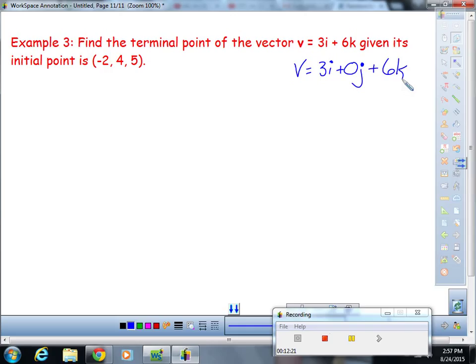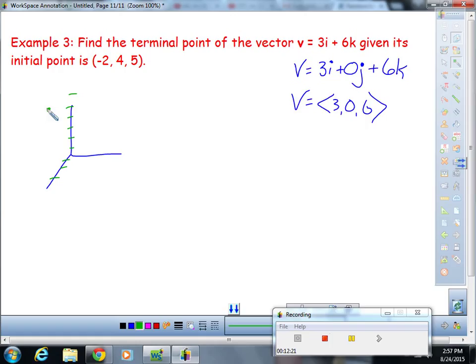So we know the vector is 3, 0, 6. So this vector, if you wanted to just sketch it real quick, goes 1, 2, 3, right 0, and then up 6, 2, 3, 4, 5. So that would be like somewhere here.